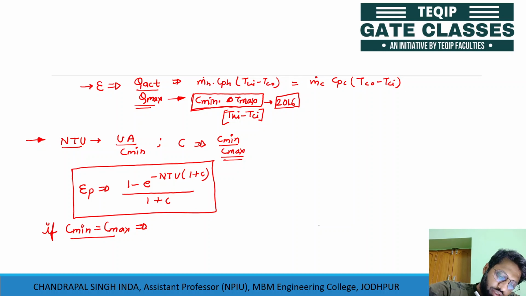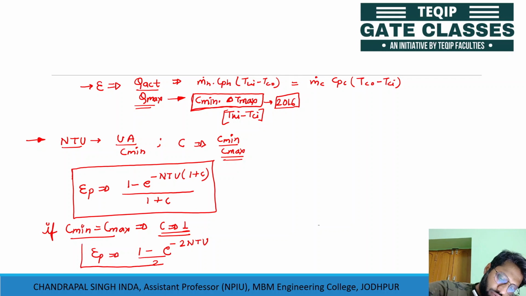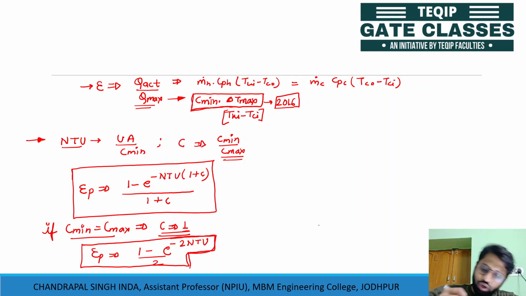In that case, the value of C will be equal to 1, and the effectiveness of parallel flow heat exchanger will be 1 minus e to the power minus 2 NTU, divided by 2. This expression will be used when the heat storage capacity of the hot fluid is equal to the heat storage capacity of the cold fluid.